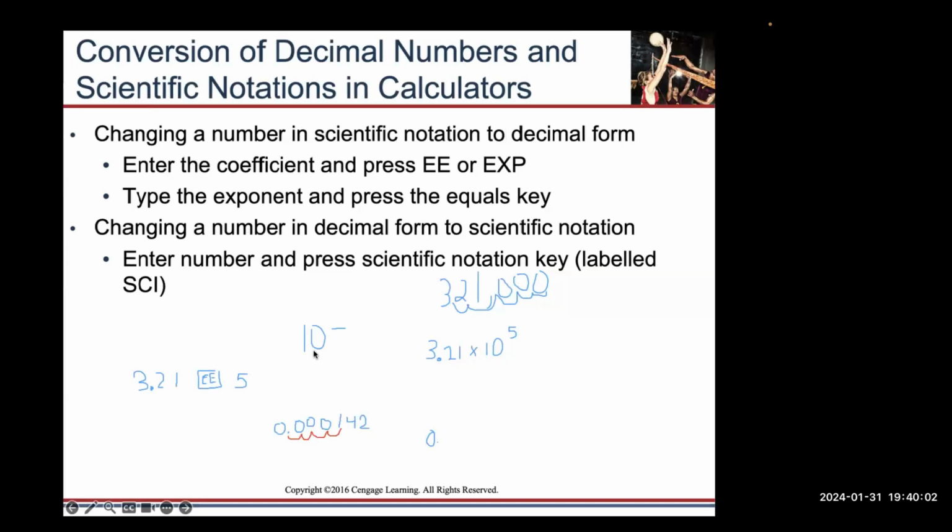So then we would write it as 1.42 times 10 to the, and since this is a small number, we know that this is going to be a negative. So that's 1, 2, 3, 4, negative 4.